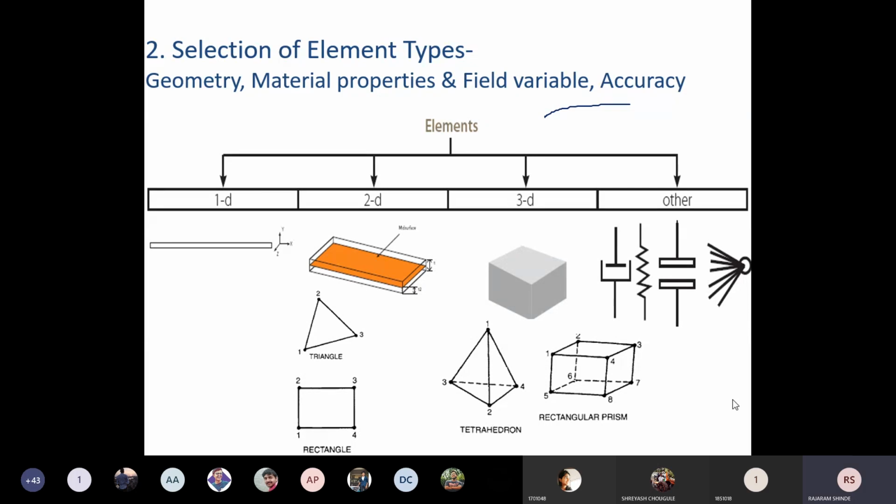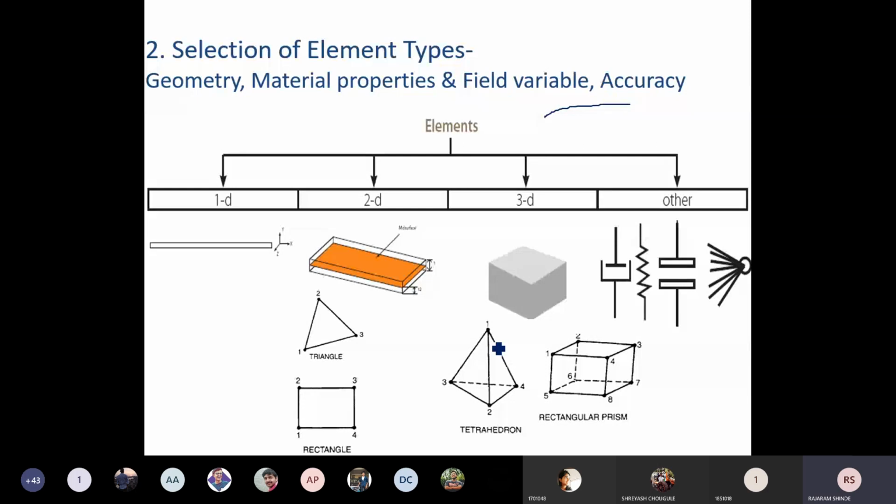Which element will you prefer for the seat of the driver for the Baha vehicle or Supra vehicle? 2D, sir. 2D, because it is a sheet metal part. Am I right? Yes, here you think on it. You take some parts of the vehicle, take the image of the parts, and select the elements for this type of parts. Okay.